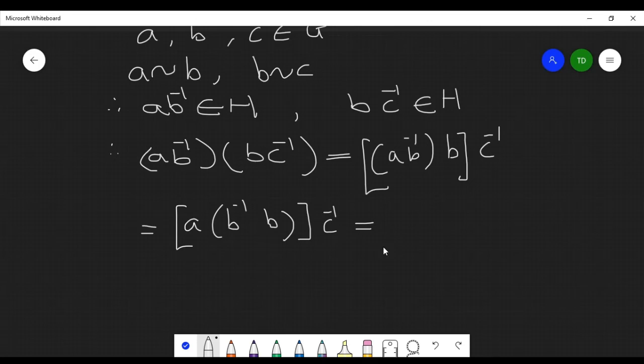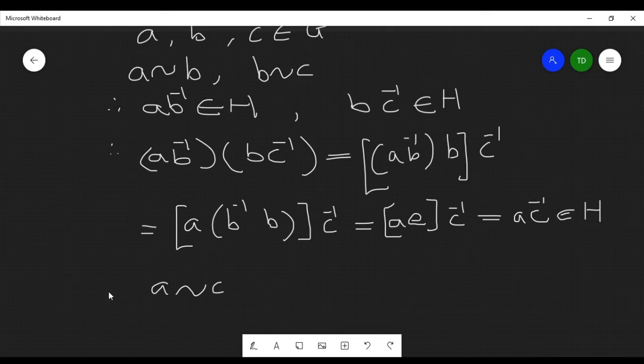What is this equal to? A as it is. B inverse B is E, so I got A into E times C inverse, but A into E is A itself, and this value is A C inverse, and already we have seen it's a member of H. So A C inverse belongs to H means what? A tilde C.